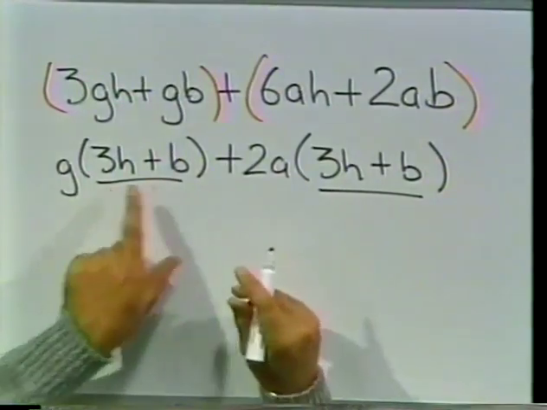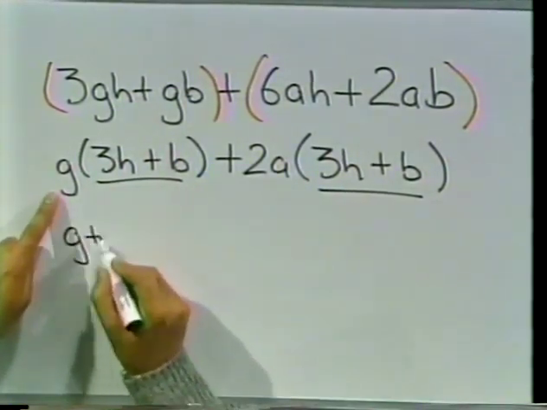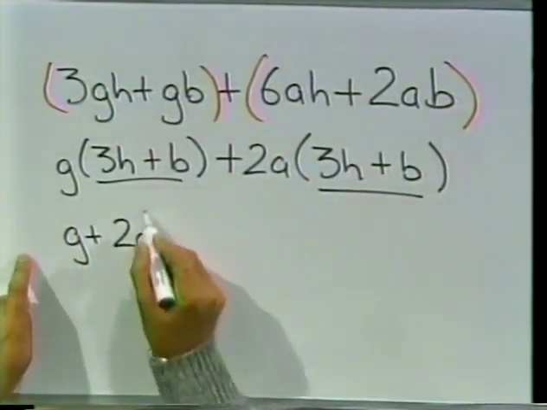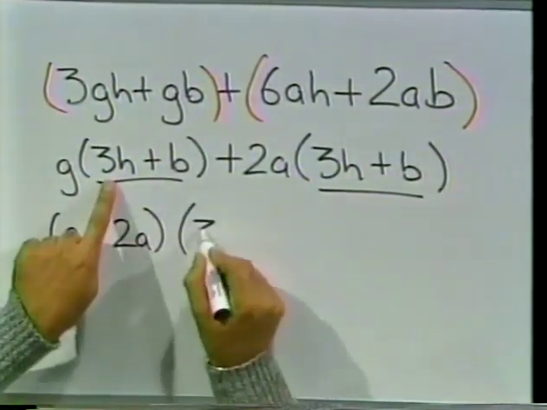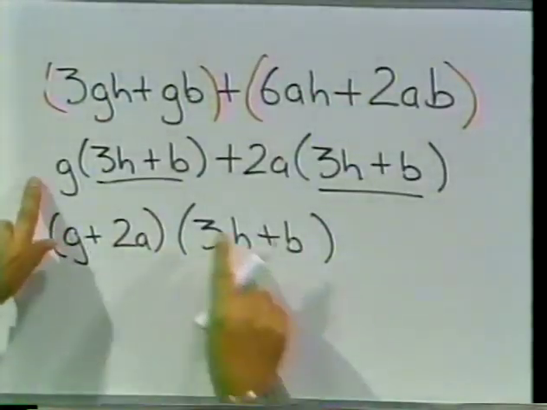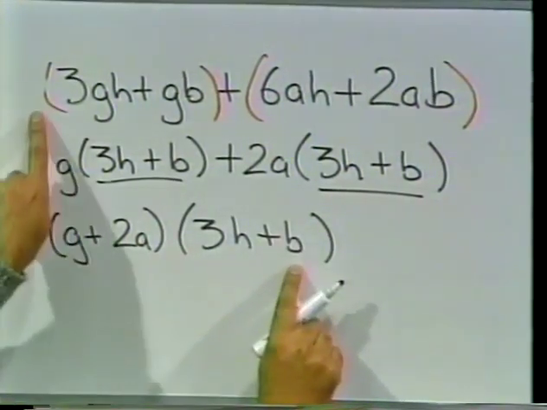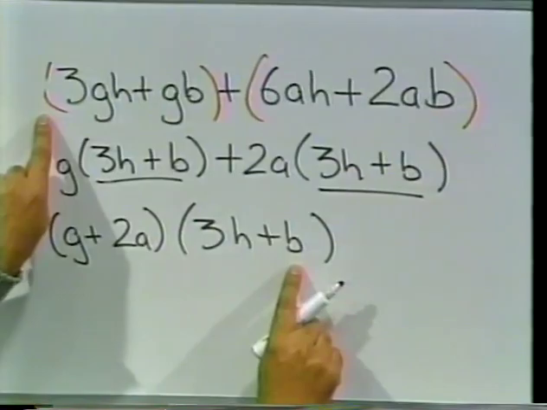Now, how many 3h plus b's do we have? Well, we have g plus 2a of 3h plus b. And according to the distributive law, this is the same as this. And these are the factors of the expression we started with.